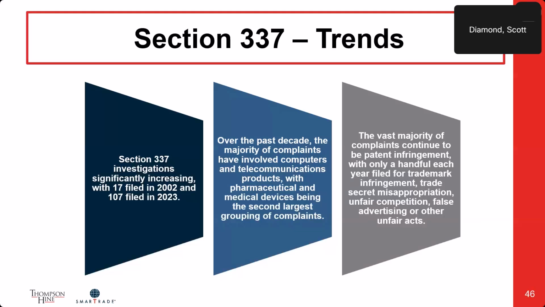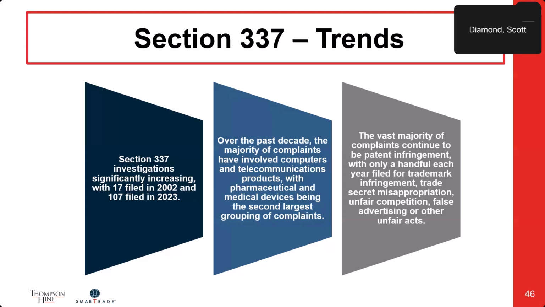And again, the majority of investigations were in the patent IP infringement realm, and they're becoming more complex. I think the reason might be that they're now involved in computers, telecommunication devices, medical devices.